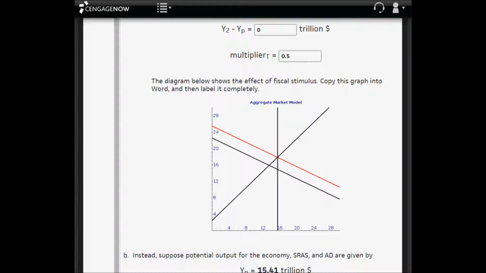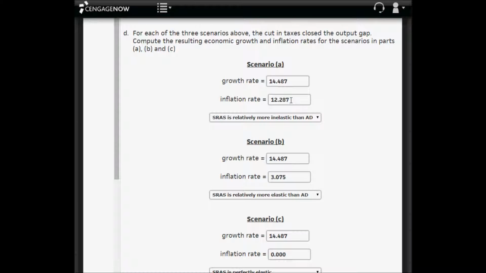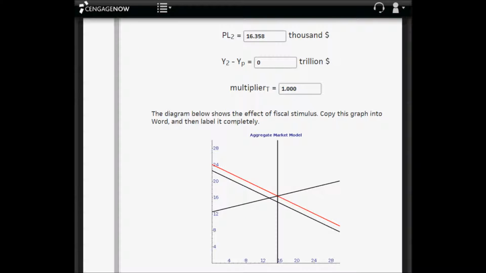If the short-run aggregate supply curve is relatively more inelastic than aggregate demand, the multiplier is less than 1. And fiscal policy is very inflationary because the inflation rate was 12.387 after the cut in taxes. The multiplier was much bigger when short-run aggregate supply was relatively more elastic than aggregate demand.